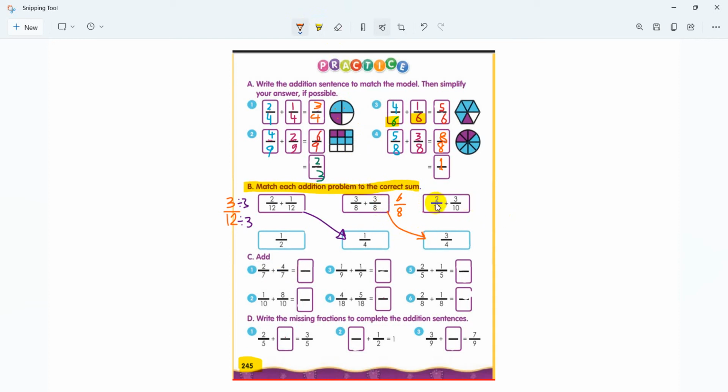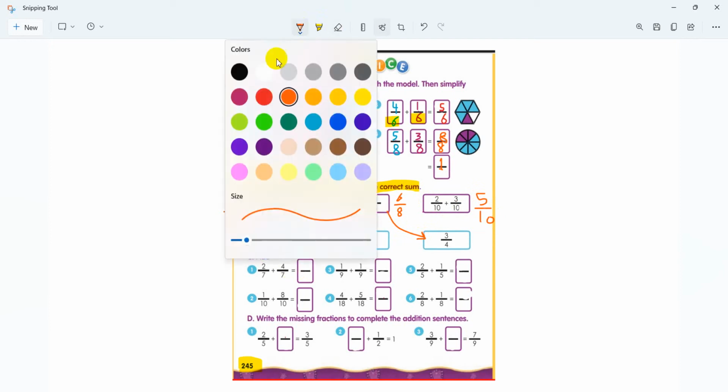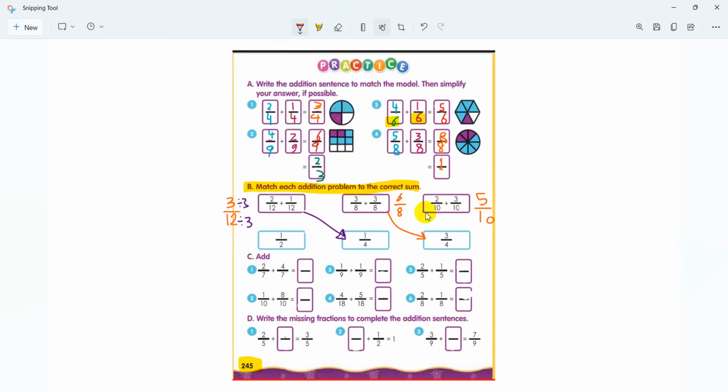The last one, 2 tenths plus 3 tenths equals 5 tenths. And here we divide by the greatest common factor for 5 and 10, which is 5. 5 divided by 5 equals 1 up, and 10 divided by 5 equals 2 down, so it's half, 1 over 2. That's about number B.